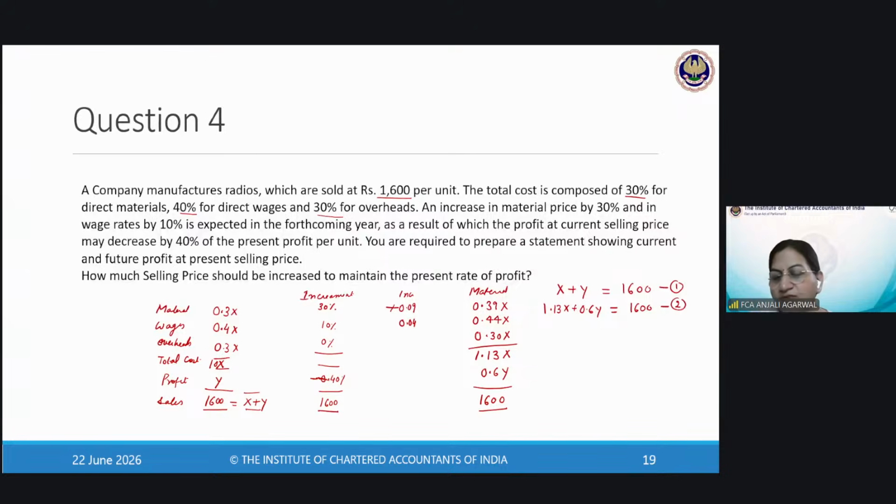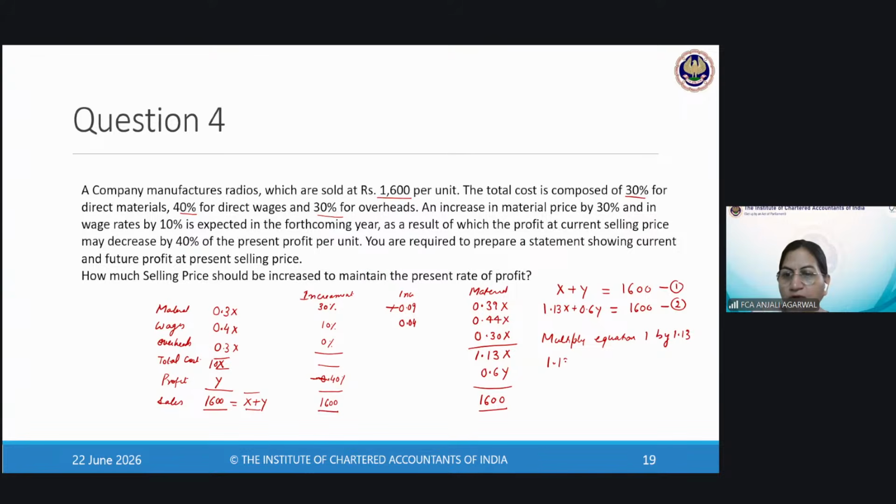Okay, you can use any of the methods to solve your simultaneous equations. I'll bring the two figures together. I'll multiply equation 1 by 1.13.